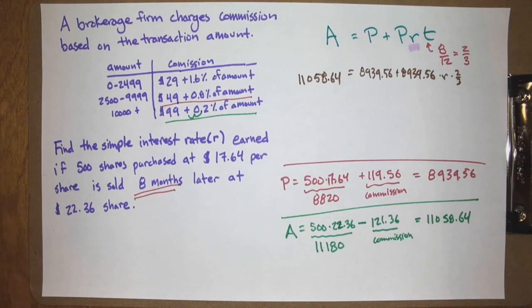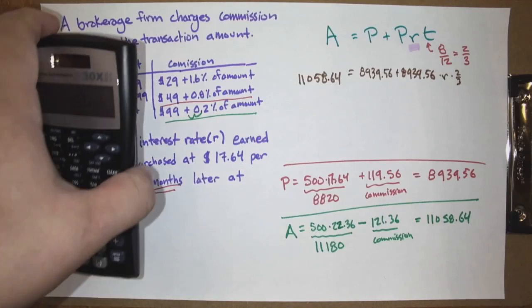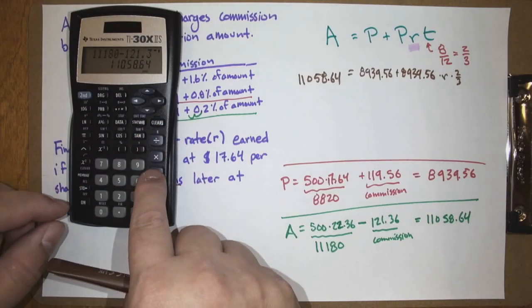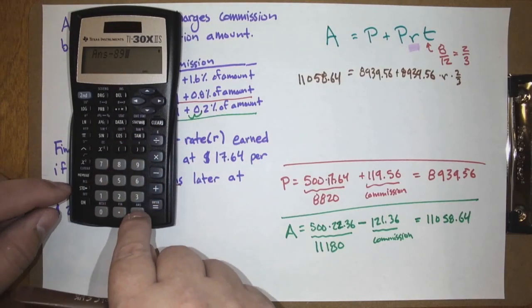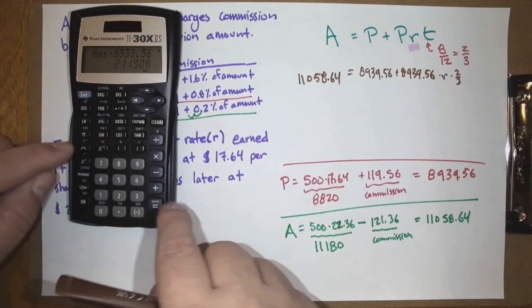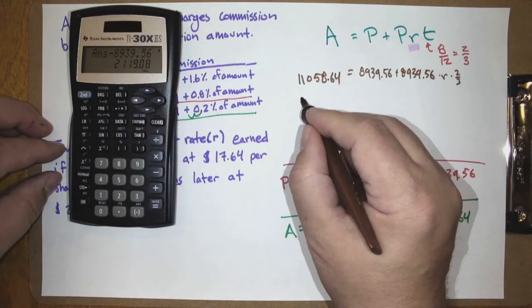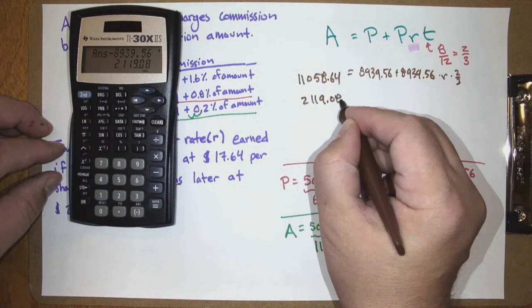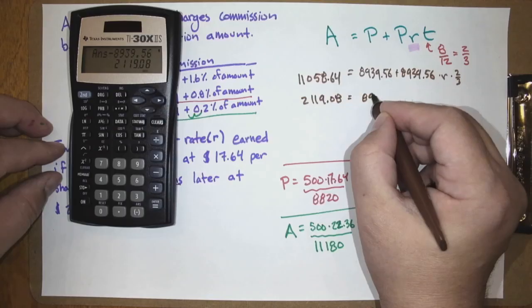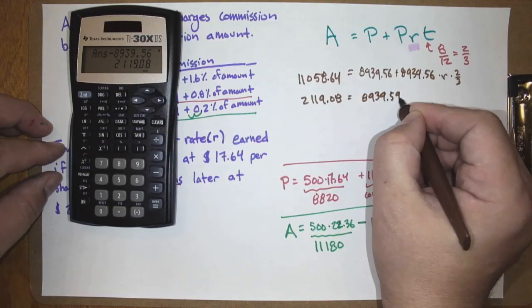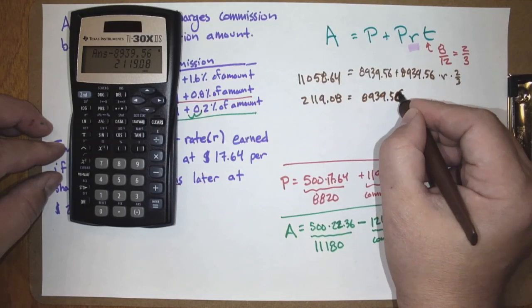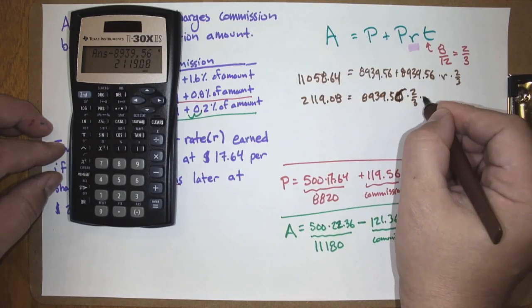And do we need to finish it up from here? We should finish it up. Minus 8939.56. Okay, so we get 2119.08 equals 8939.56 times 2/3 times R.